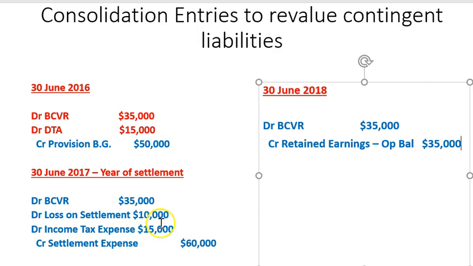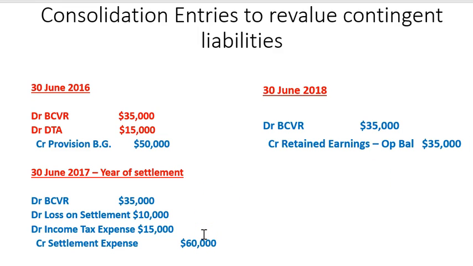So the net of those two, the $60,000 minus the $15,000 minus the $10,000, adds up to a credit impact of $35,000 on retained earnings. And because all of these expense accounts are closed to retained earnings at the end of the year, we need to make the adjustment to the opening balance of retained earnings.